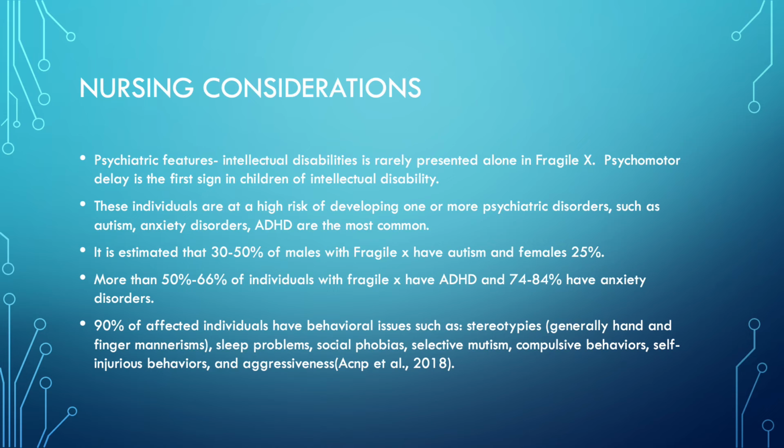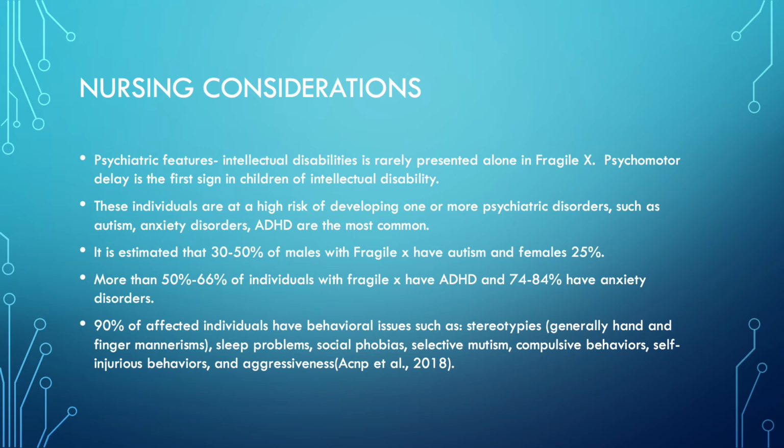These individuals are at a high risk of developing one or more psychiatric disorders, such as autism, anxiety disorders, and ADHD, which are the most common. It is estimated that 30 to 50% of males with Fragile X have autism and 25% of females.